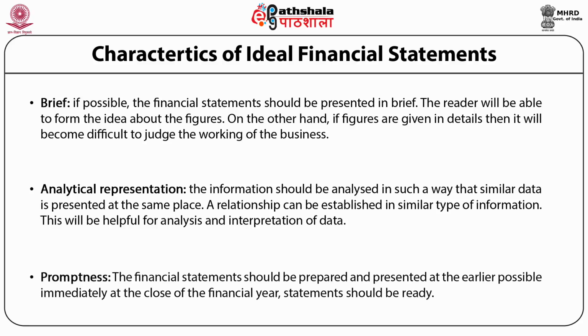Promptness: the financial statements should be prepared and presented at the earliest possible time, immediately at the close of the financial year. It is necessary and very useful for financial organizations and businesses that financial statements are ready at the end of the financial year.